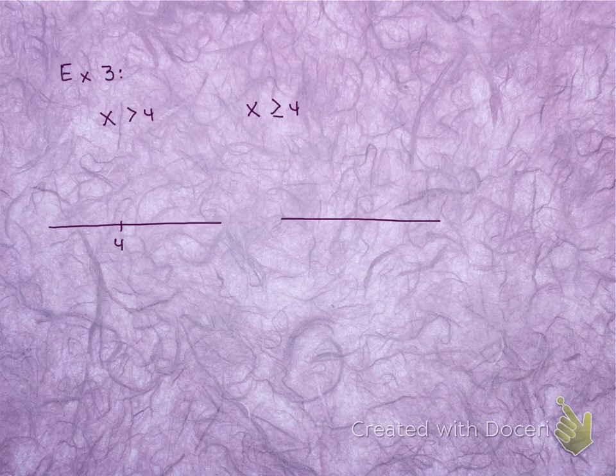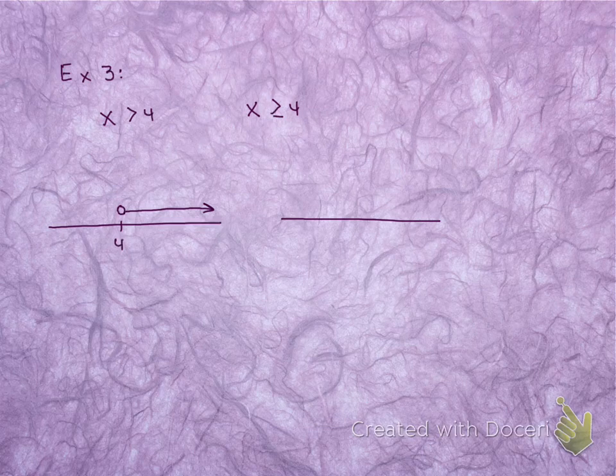Because there is no line under my inequality symbol, when I make the open hole over the 4, I'm going to leave it open. And the numbers greater than 4 go that way, to the right of 4.